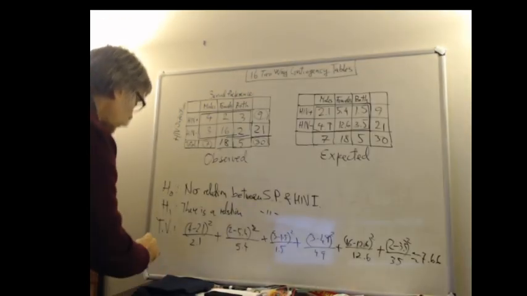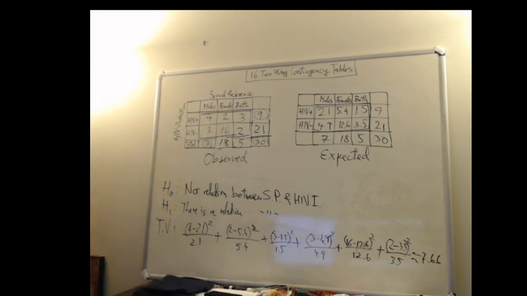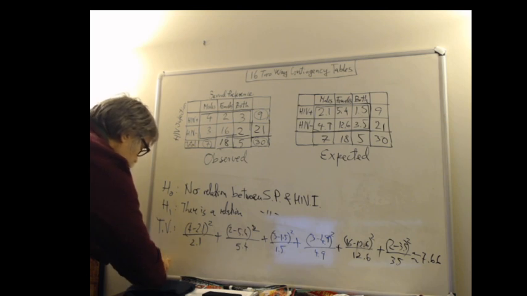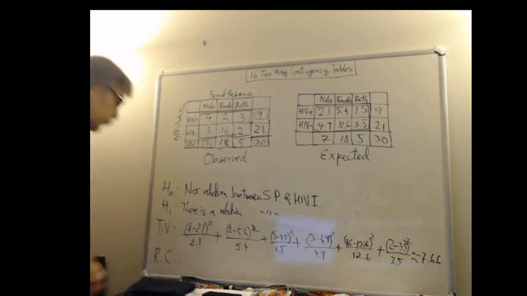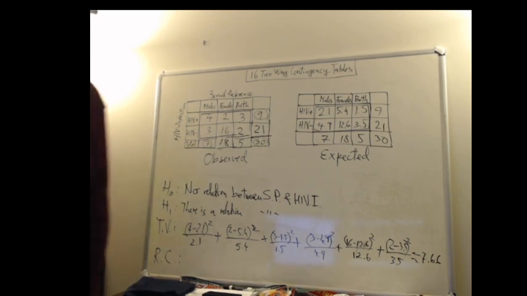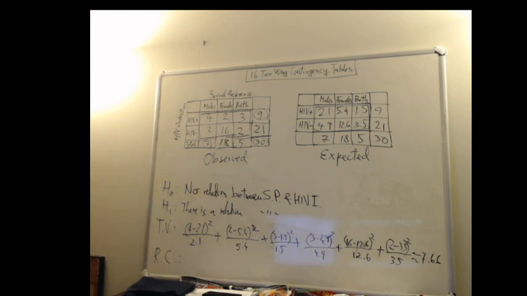Okay, the next step is, what's your conclusion here, right? Rejection criterion. The rejection criterion is, just like in the goodness of fit test, a right tail only. This chi-square test in a two-way contingency table, just like the goodness of fit chi-square test, is only a right tail test.